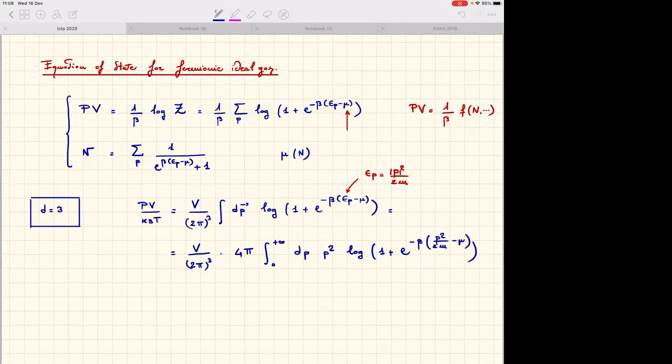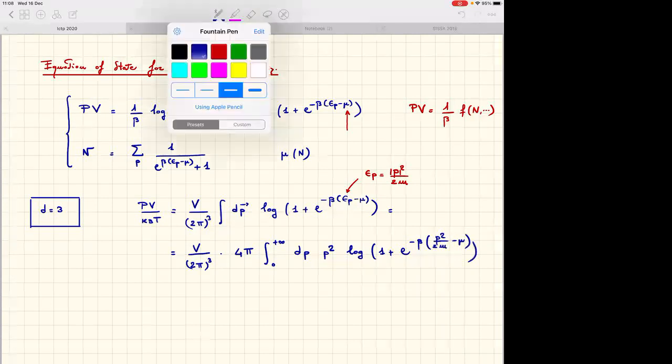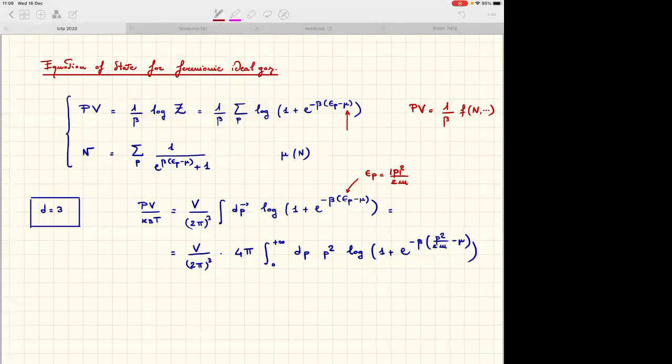Okay? So this e to the beta mu, I can rewrite it as z, the fugacity, times e to the minus beta p squared over 2m, right? Because the fugacity is e to the beta mu.